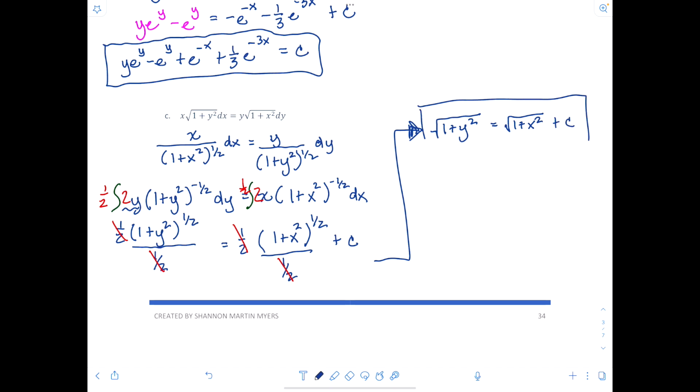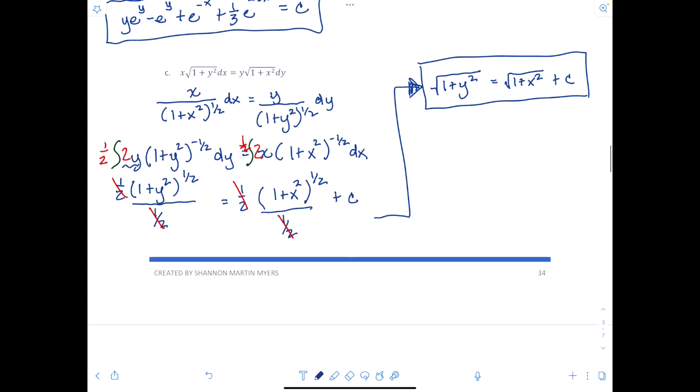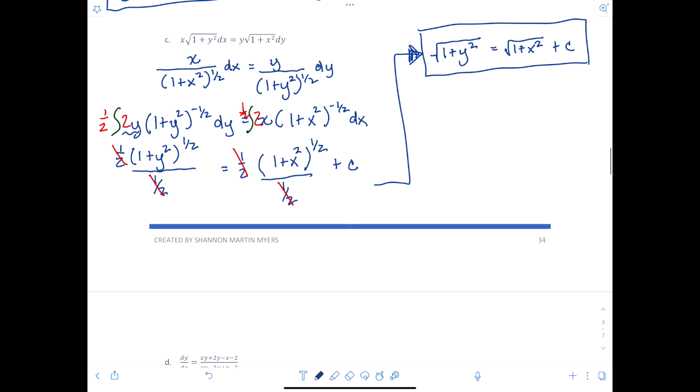Groovy? Again, it's in implicit form, but that's cool. We're just getting used to isolating or getting the y's with the dy and the x's with the dx.